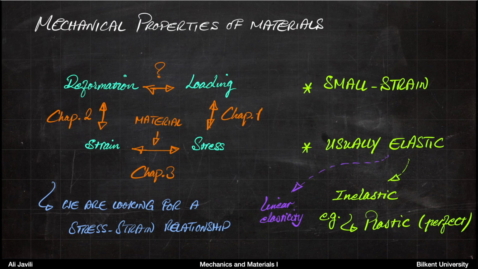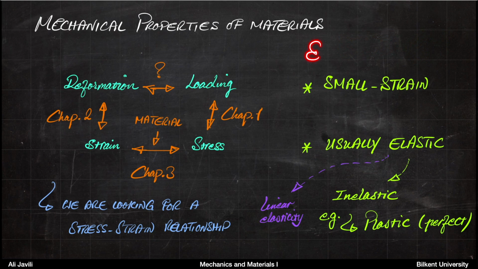Another assumption that we have also in this course, and we talked about it in the previous lecture, is that we talk about small strains. Okay, so strain, whether you think of shear strain or normal strain, is assumed to be significantly smaller than 1 or 100%.